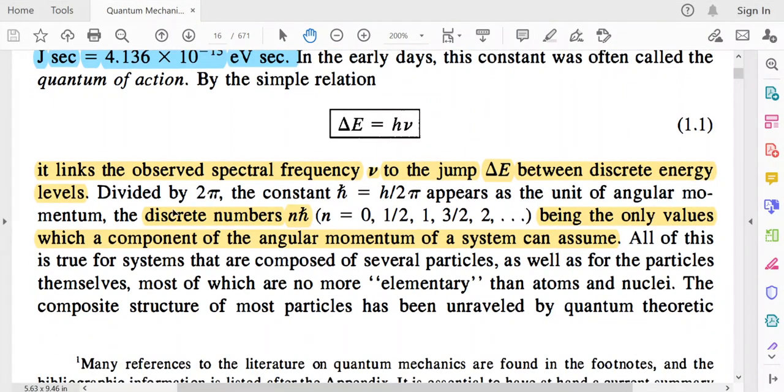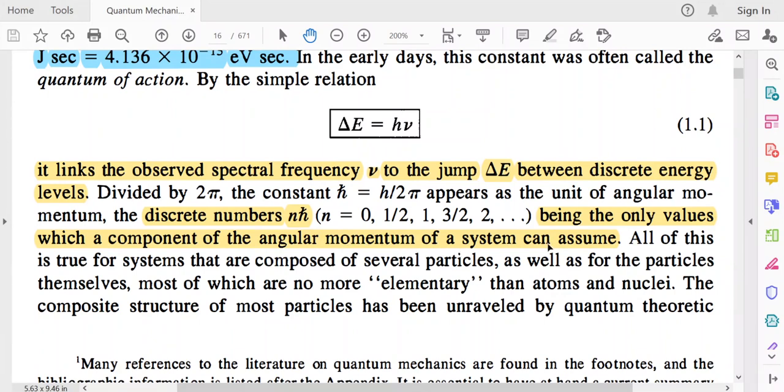If we divide h by 2 pi, then we get h cut, or h bar. H bar is equal to h by 2 pi and appears as the unit of angular momentum. The discrete numbers n h bar are the only values which a component of the angular momentum of a system can assume.